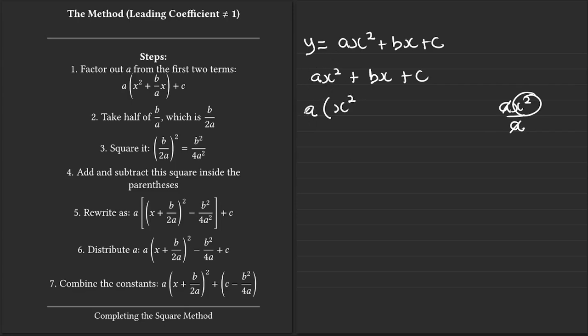Then a times what gives us bx? Just as we did for this, we are going to take our bx and divide it by a. In this case, there is nothing to cancel out, so it is simply b over a x. You do that just for the two terms, and then we have plus c.